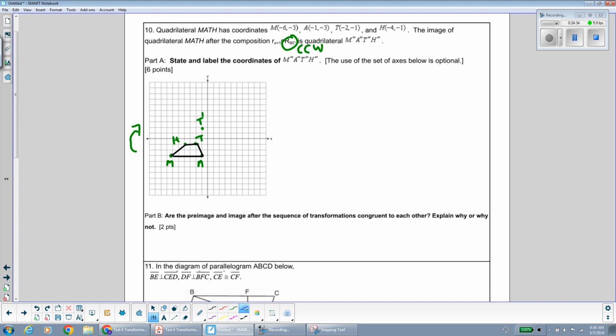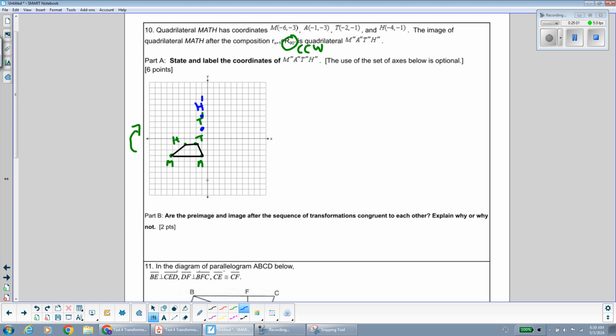I should probably use a different color for this. We have H prime.